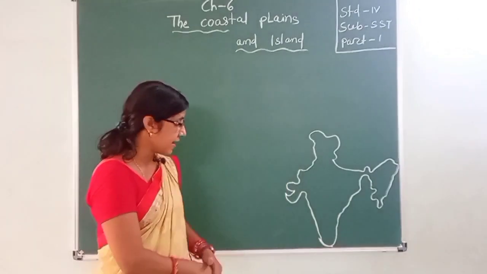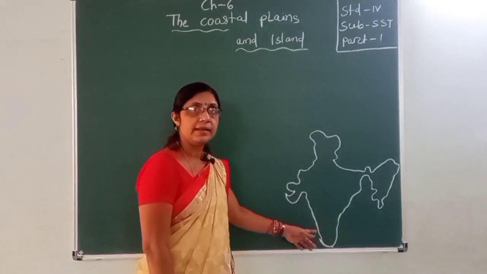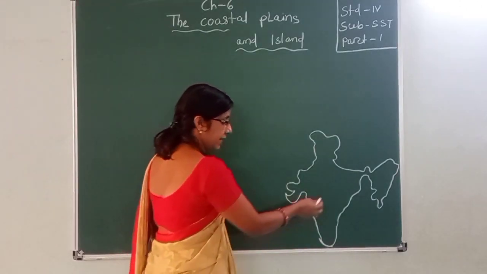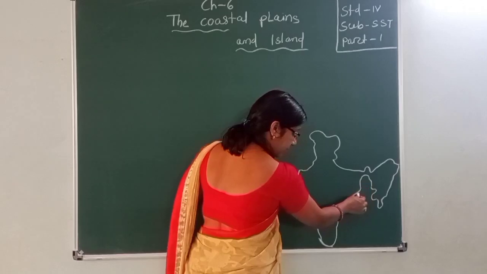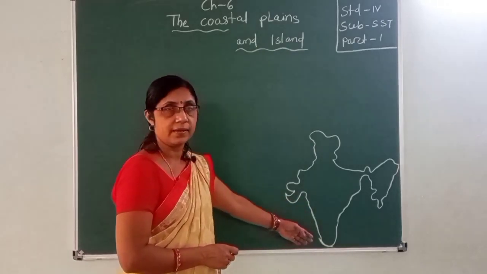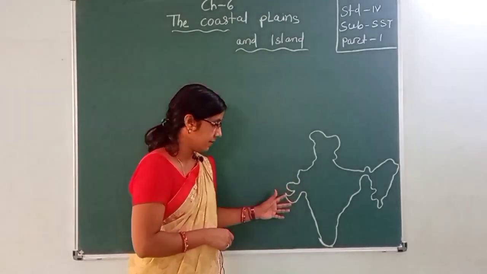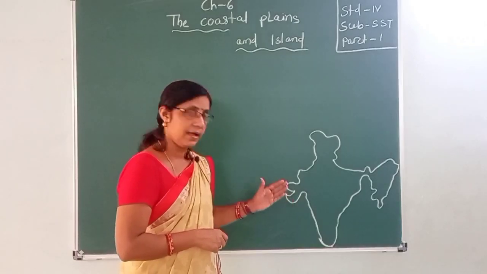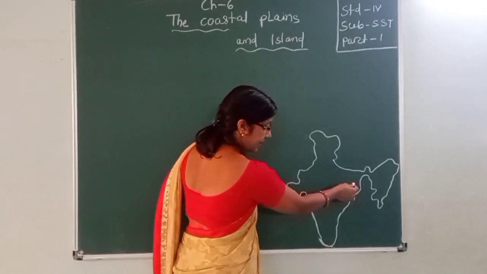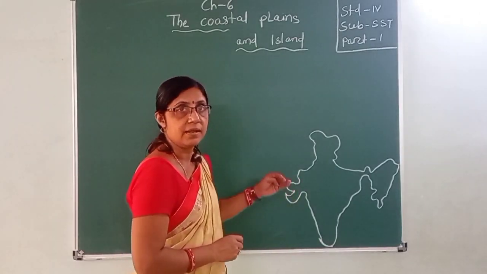From the western side it starts from the Gulf of Kutch, runs along the Arabian Sea and reaches Kanyakumari, and on the eastern side it begins from West Bengal, runs along the Bay of Bengal and reaches Kanyakumari. On the western side it passes through the states of Gujarat, Maharashtra, Goa, Karnataka and Kerala, and on the eastern side it passes through Odisha, then Andhra Pradesh, then Tamil Nadu.